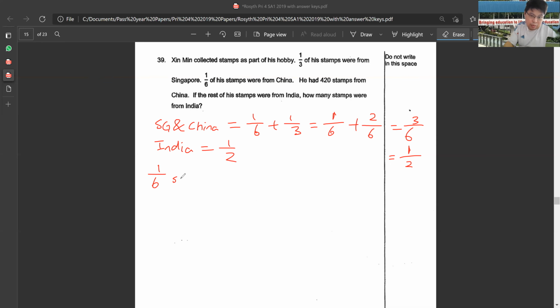Can you see? Yes. 1,028 plus 400 equals 1,428. Then to find 1 unit, 1,428 divided by 2. So you know what to do now.